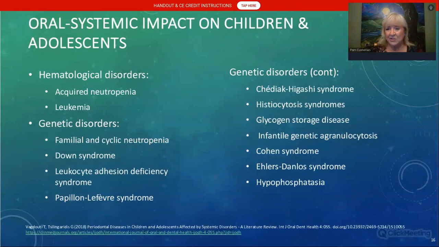Then there are a number, as you can see, of genetic disorders that may be an issue as well, such as Down syndrome, Papillon-Lefèvre syndrome, Chediak-Higashi syndrome, Cohen syndrome, and hypophosphatasia, just to name a few of them.